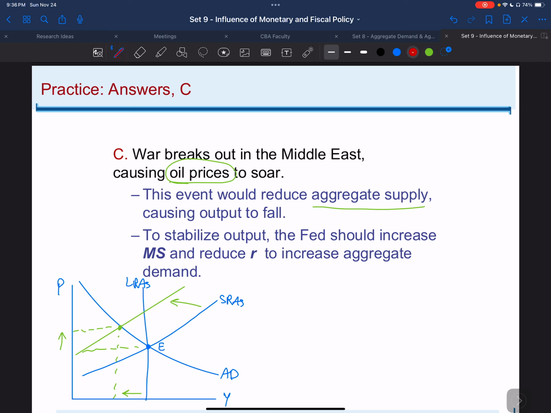What they are going to do, let's assume that they want to use a monetary policy to stabilize this economy. Okay, so we have money supply, we have money demand, quantity of money, and the interest rate. To stabilize the output, the Fed should increase the money supply.